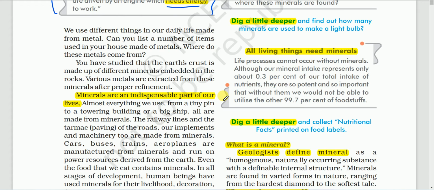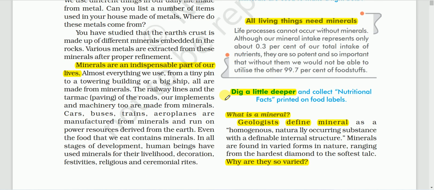You have also studied about the earth's crust, about the earth's interior in the lower classes. And various metals are extracted from the surface and the subsurface of the earth. I think all these you have learned.